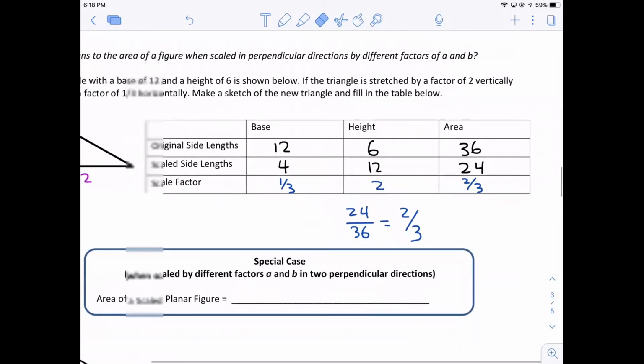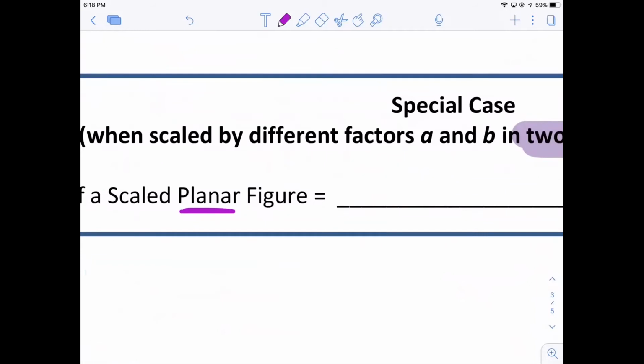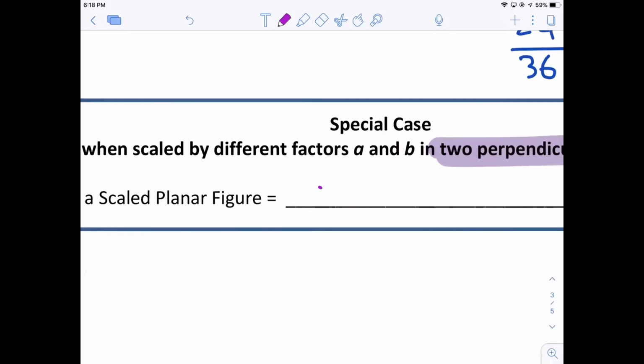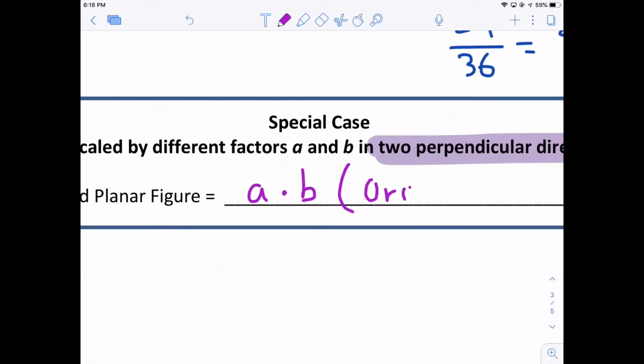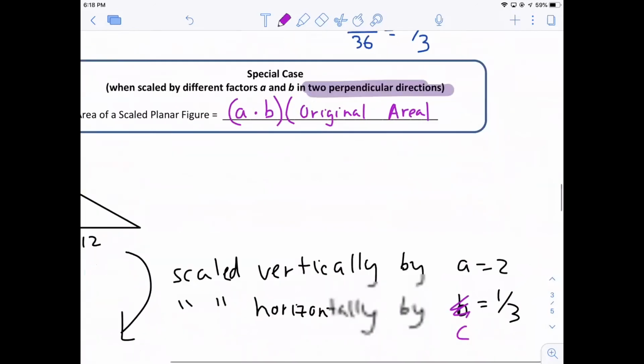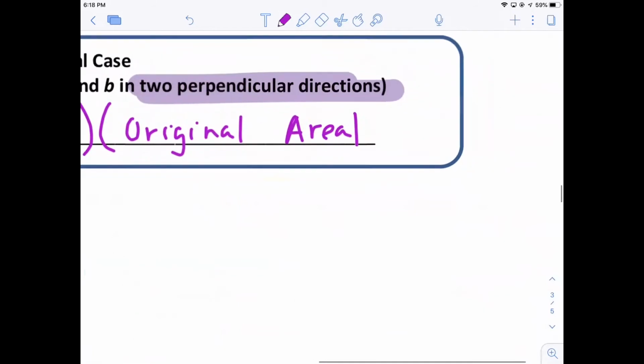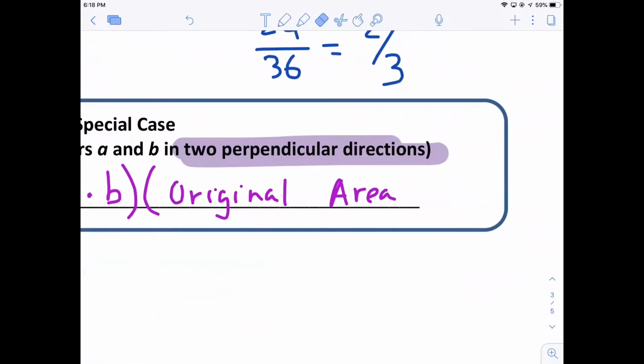So when you are scaling by different factors in two perpendicular directions, the area of the scaled new planar figure, planar just means 2D, is going to be A times B times the original area. I changed the B to the C there, just so the base wasn't too confusing, but same idea, just different letter.